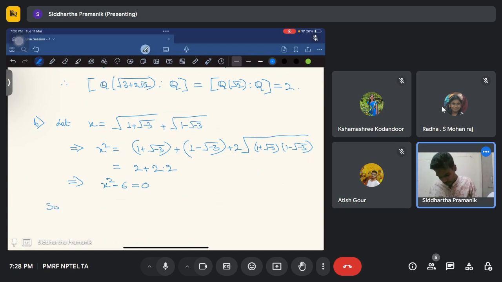So degree of Q of 1 plus square root of minus 3 plus 1 minus square root of minus 3 over Q is 2.